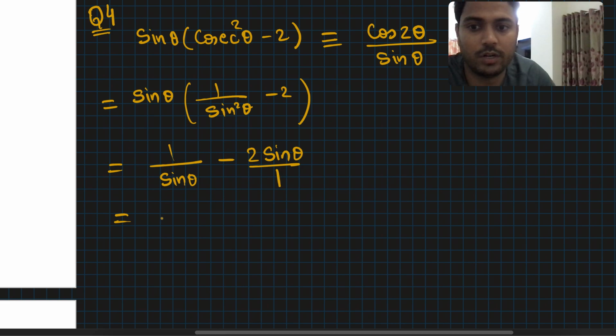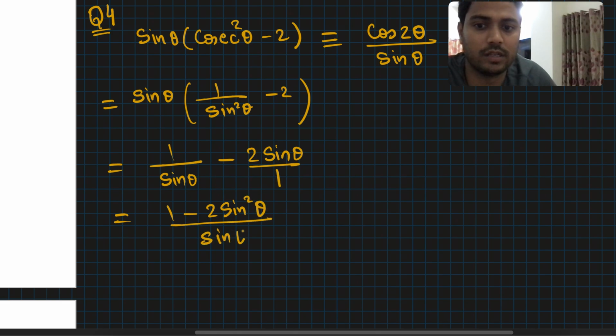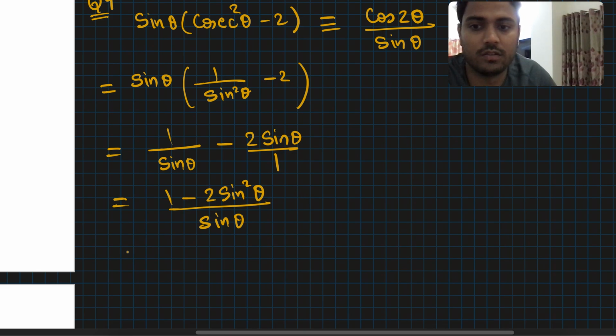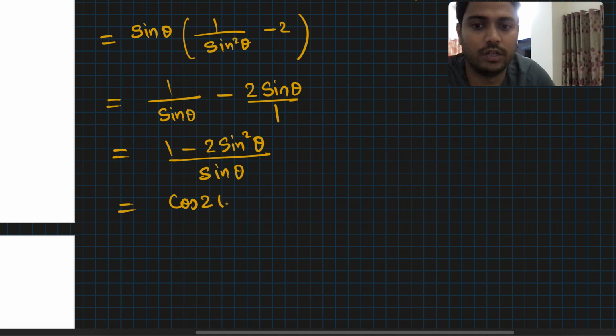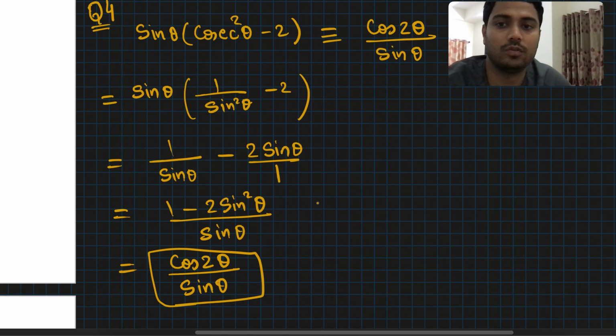So let's cross multiply. 1 into 1 is 1, minus sine theta will multiply, so minus 2 sine square theta, divided by sine into 1, that is sine theta. So simply this is 1 minus 2 sine square theta, which is cos 2 theta, divided by sine theta, and this is what we had to prove.